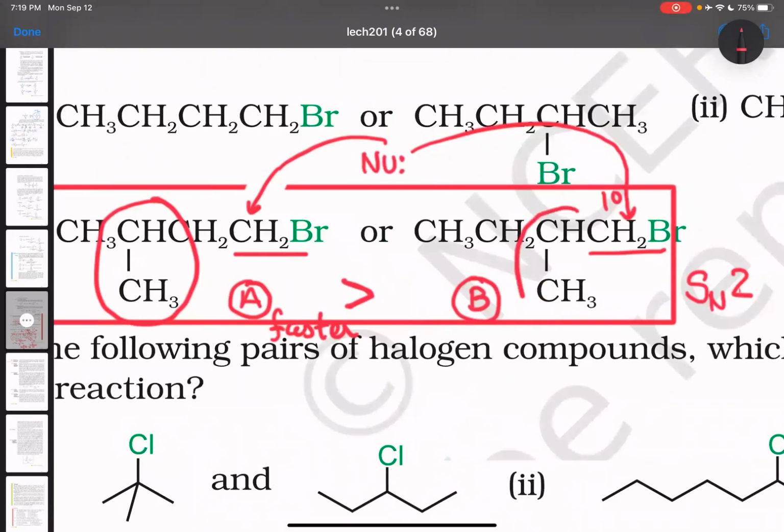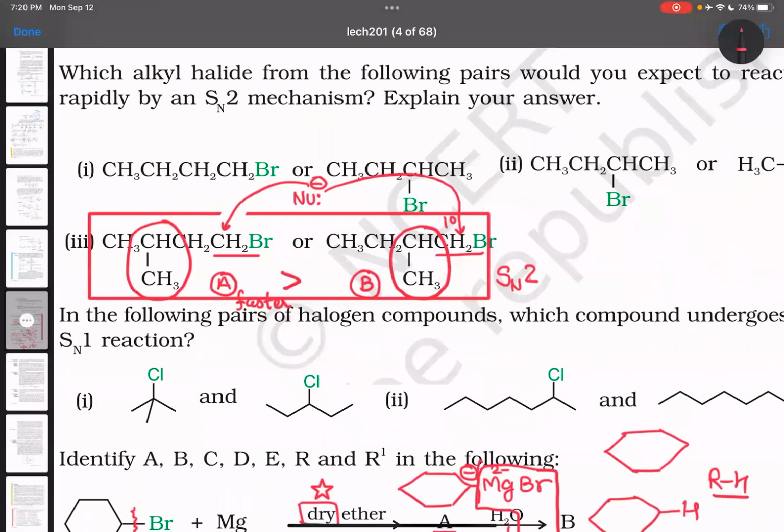And this branching is just adjacent to the carbon atom where the nucleophile is attacking. So this crowding will slow down the attack of the nucleophile. Our nucleophile will get repelled and will not be able to attack. Is it clear or not? Yes, sir, understood. So if you have more and more steric hindrance, lesser and lesser SN2 will happen. For example, this will react more rapidly and this will react slowly.